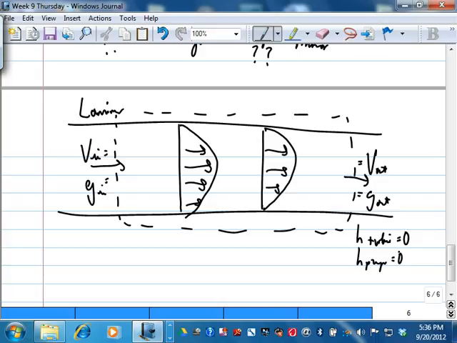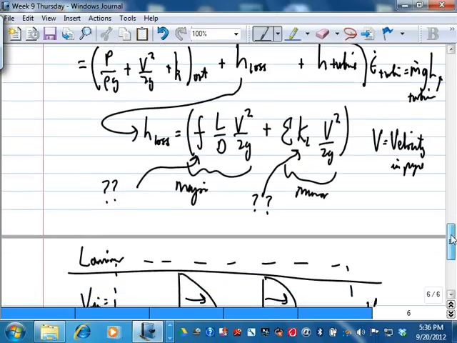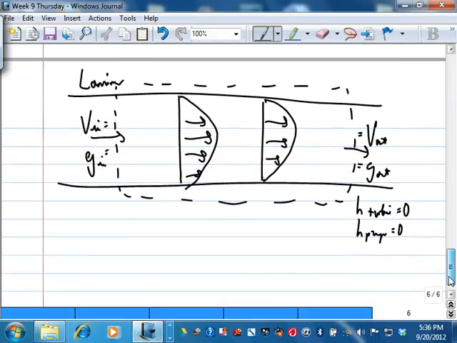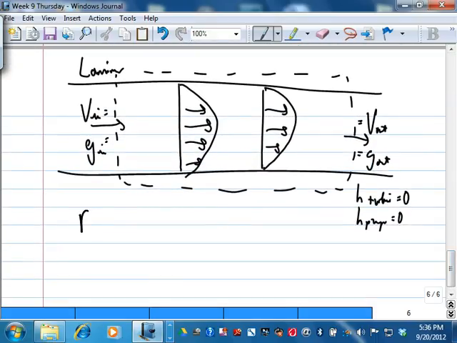What are we left with? We are left with an equation looking like this. V squared, 0, 0. P in on rho g plus nothing is equal to P out on rho g plus head loss. Okay or not?